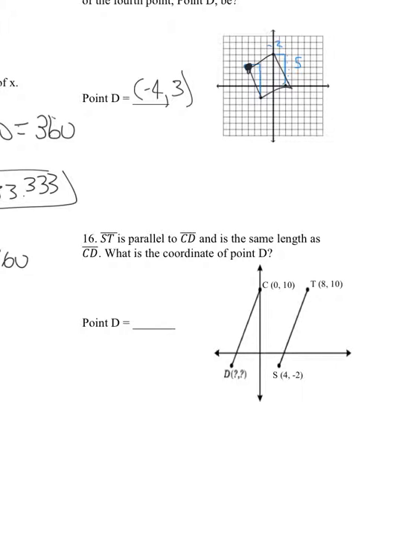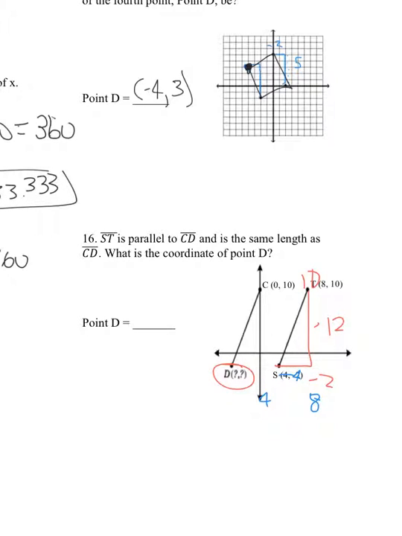So you have T and S. So if you look at this, because you need to find point D down here, go down and over. If you're at 10 here and negative 2 here, you went back 12, right? And if you're at 8 here and 4 here, you went back 4.